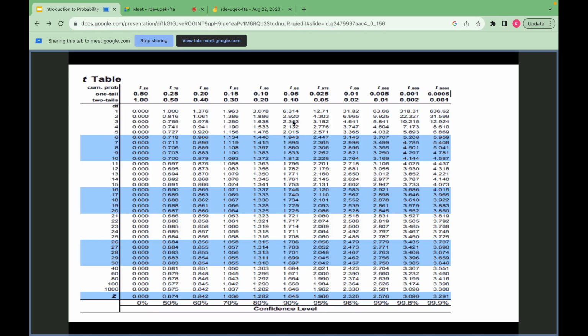There is some formula that is used for calculating this for 143.